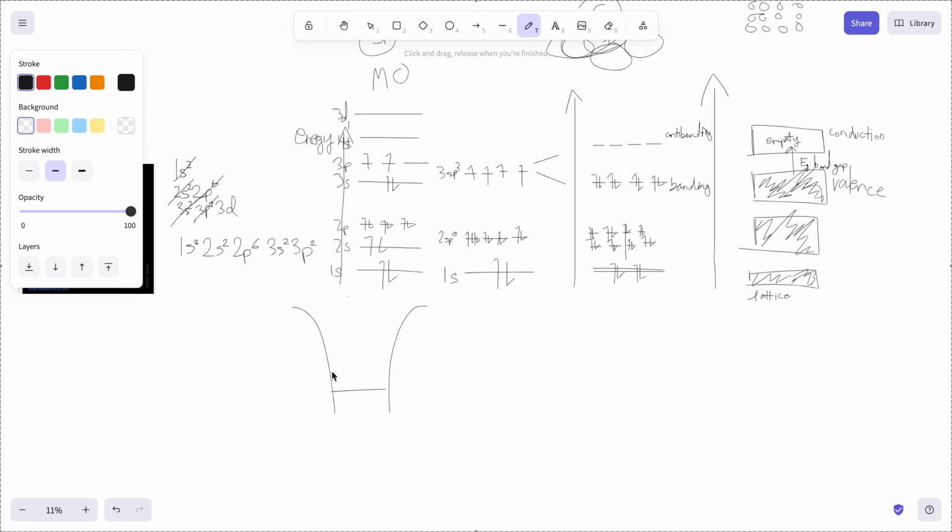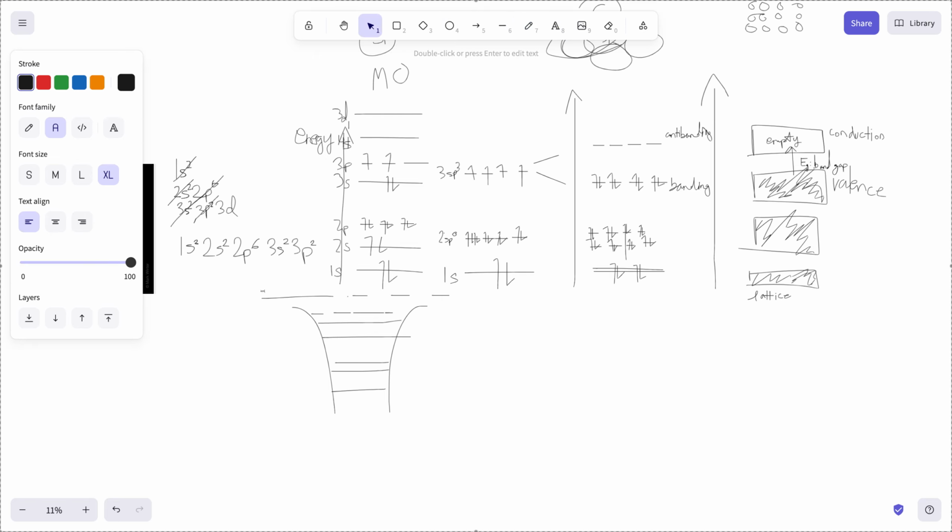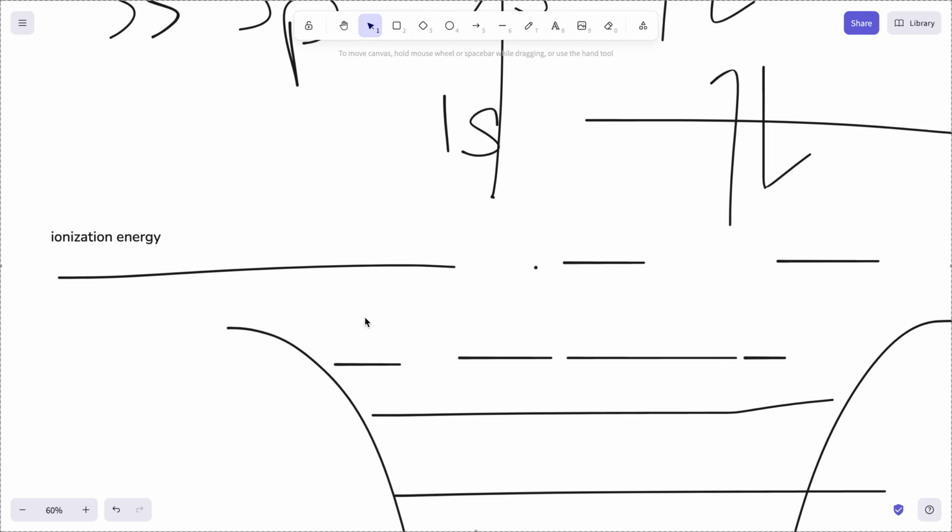So we have our 1s and we have our 2s, 2p, our 3s, 3p, our 4s orbital, let's say. And then at the very top is the ionization energy level.